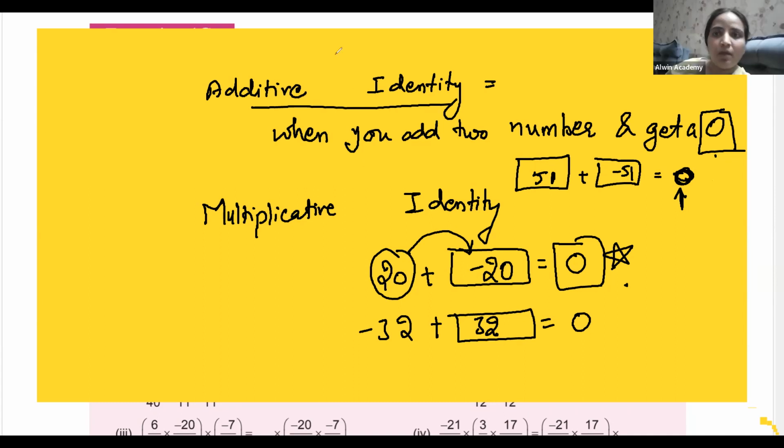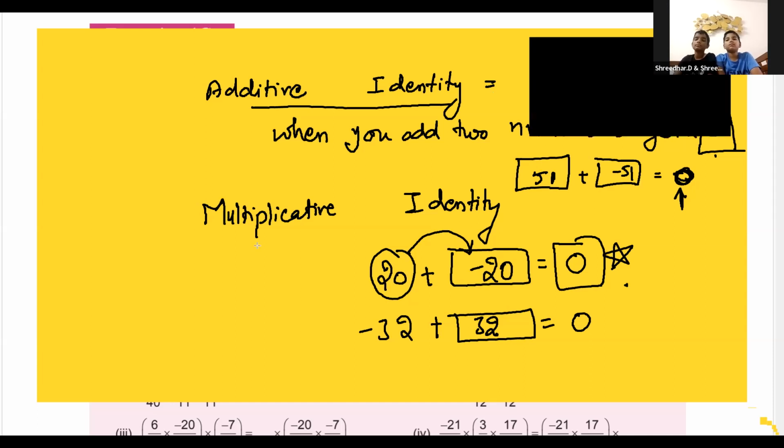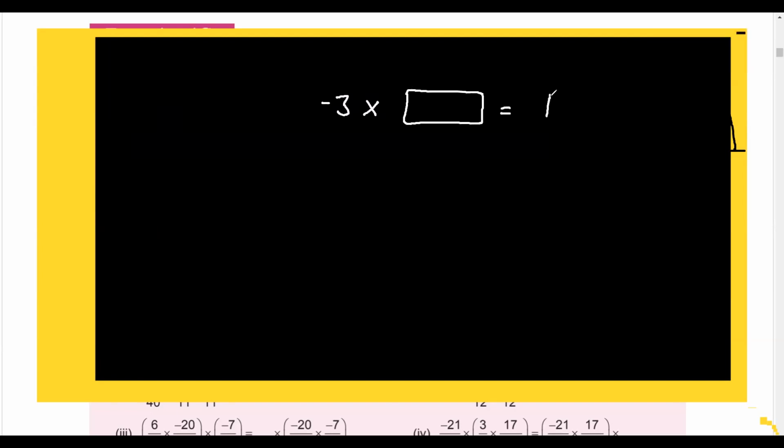Okay. Now one more thing. I am explaining multiplicative identity now. Multiplicative identity is when you multiply and you get 1. Like if I ask you for -3, what should it be multiplied with to get you 1?